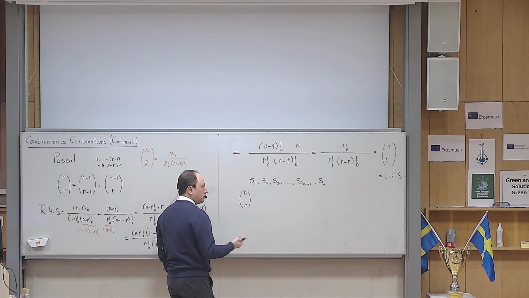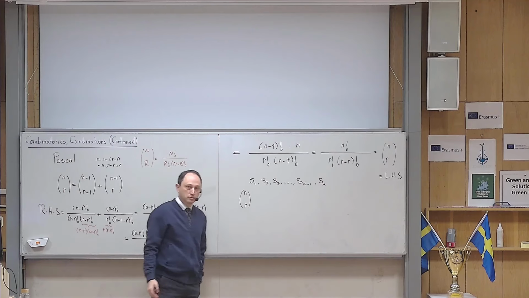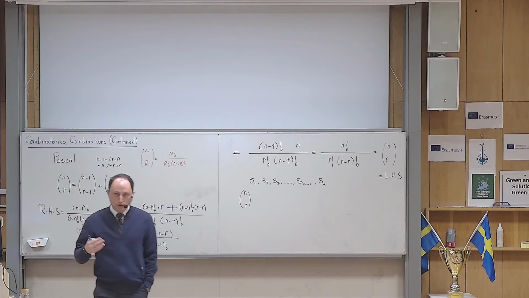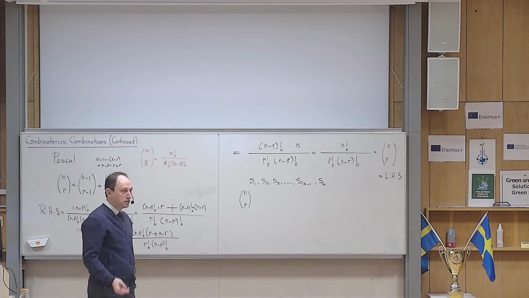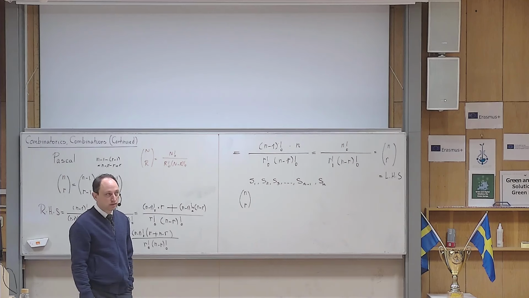Okay, now let us solve this problem. In how many ways can I choose r people, but I insist on having this last person in my choice? I want to choose r students, but I insist the last student should be in my list. n minus 1 choose r minus 1, is that right?